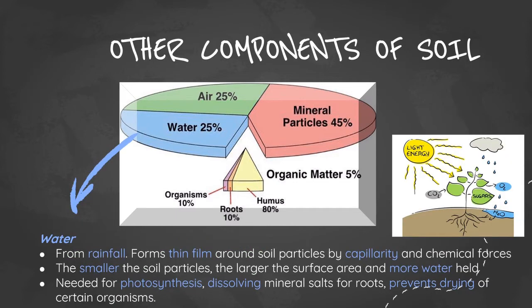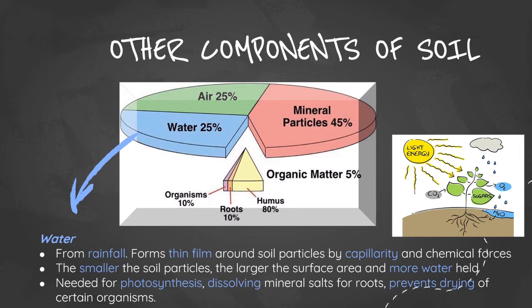Rainfall causes water to enter into the soil and form a thin film around the soil particles by capillarity, which is simply the attraction of the water molecules to each other and the water molecules to the soil particles. The smaller the soil particles, the larger the surface area and the more water that is held.